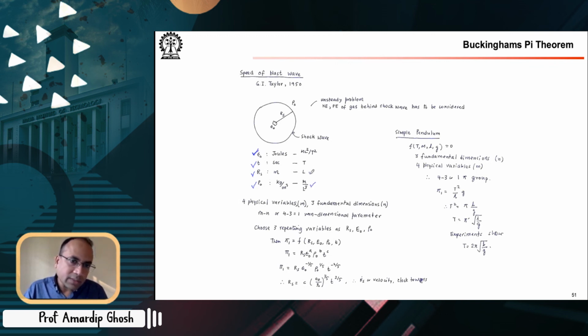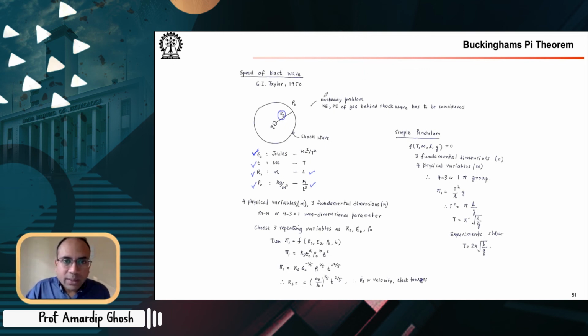RS you can think of as the distance of the shock front or the blast wave front from the origin of the blast wave, or where the energy is deposited, the zone of impact or the explosion. And then eta naught is the energy that has been released, and we assume instantaneous release of energy. Although it can happen over a small instant of time, you can still model it as instantaneous.